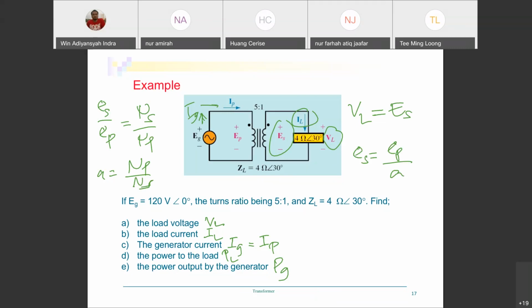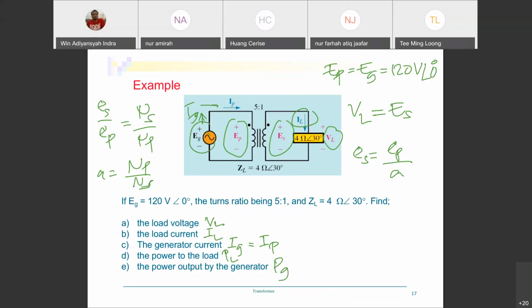But then the question, what is the value of EP? If you look at the picture here, EP is in parallel with EG, so the value will be the same. EP equal to EG equal to 120 volt, 0 degree.